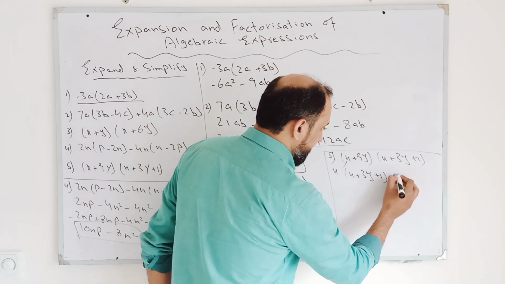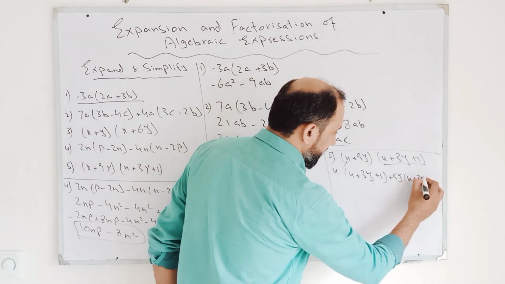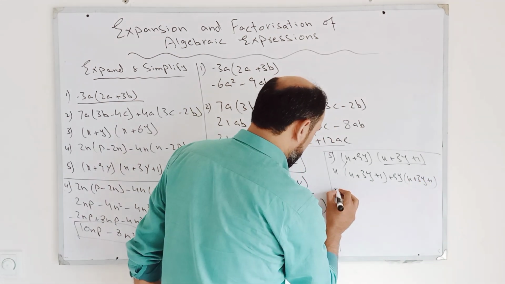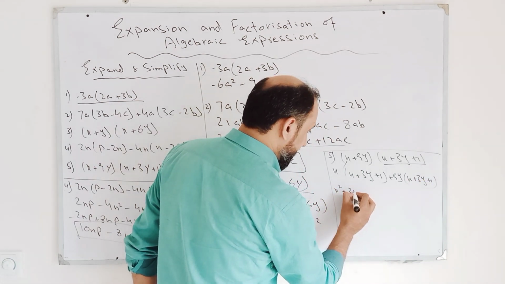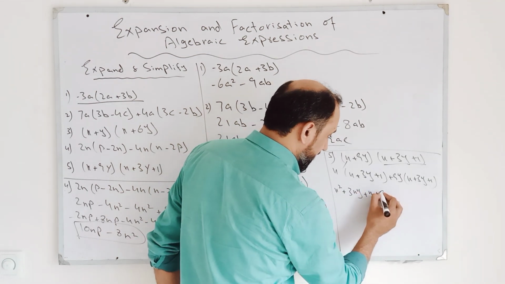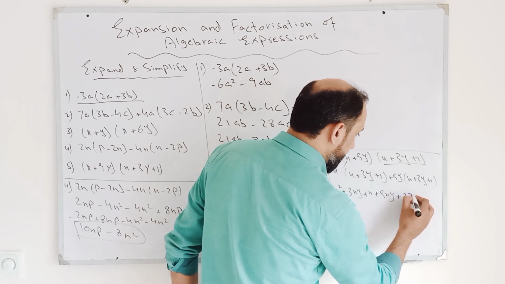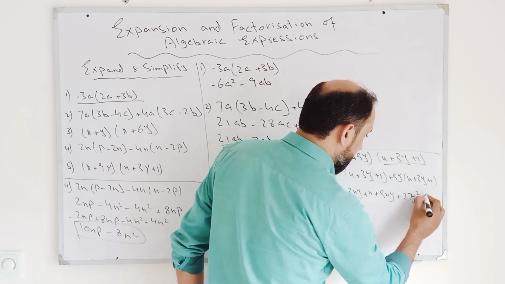Plus 9y multiplies the whole bracket x plus 3y plus 1 once again. So x squared plus 3xy plus x plus 9xy plus 27y squared plus 9y.